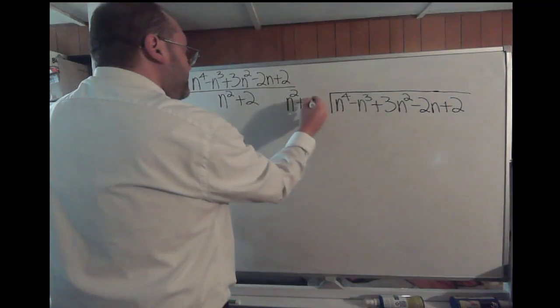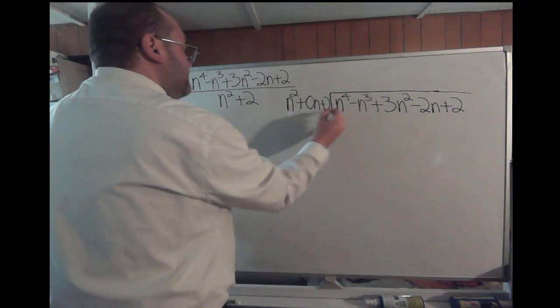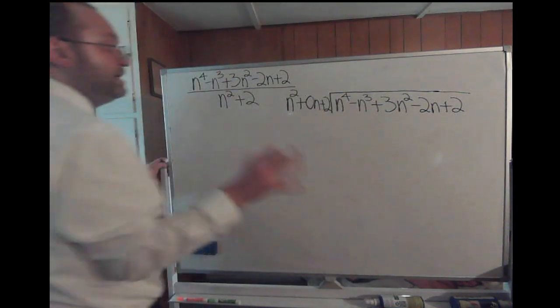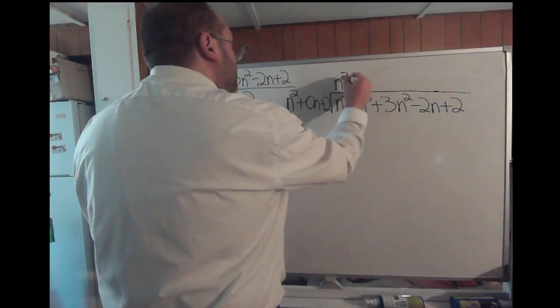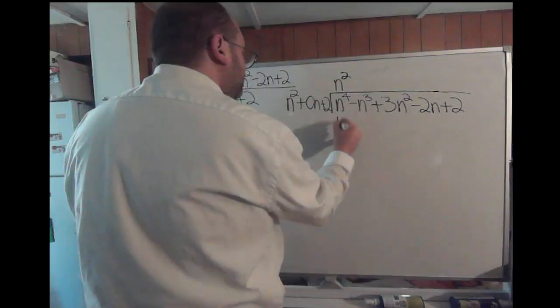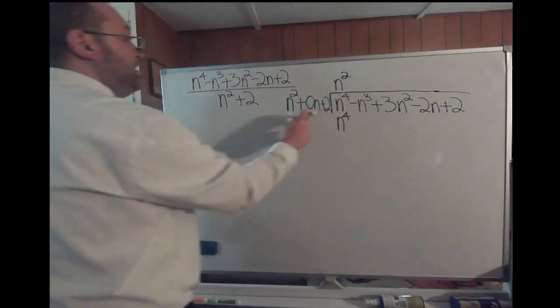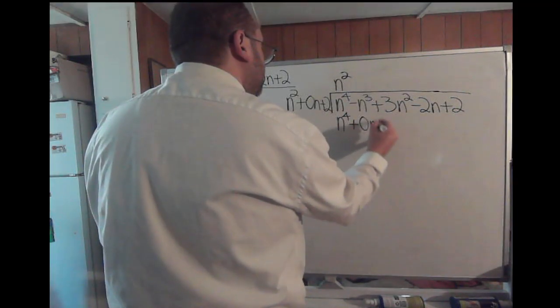So write 0n, then plus 2. There's a reason I'm doing this. Alright, n to the second times what equals n to the fourth? That'd be n to the second. Now, n to the second times n to the second, that's going to be n to the fourth. Then you have n to the second times 0n. Well, that would be plus 0n to the third.